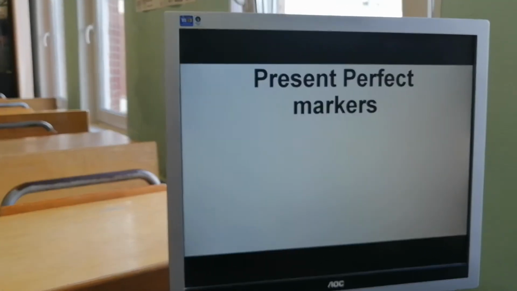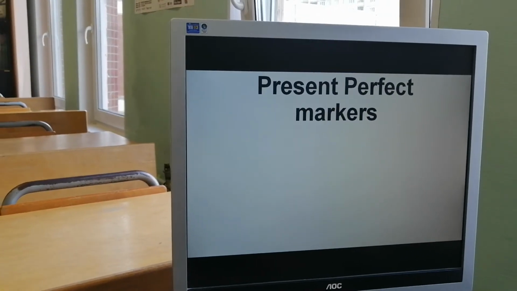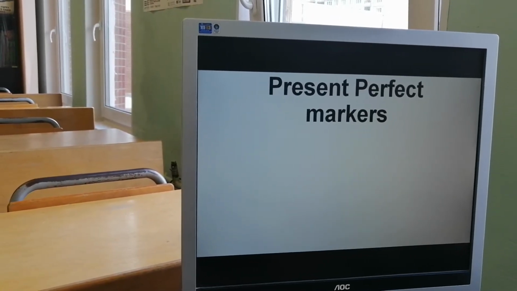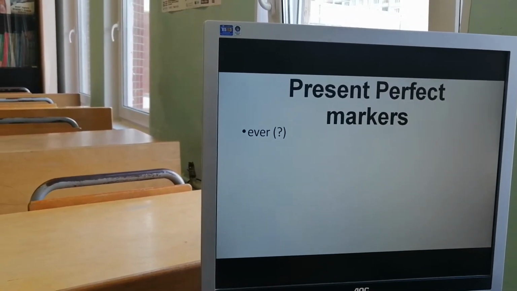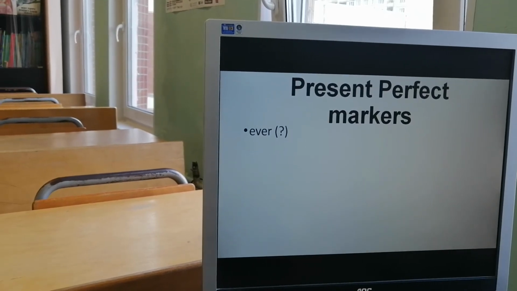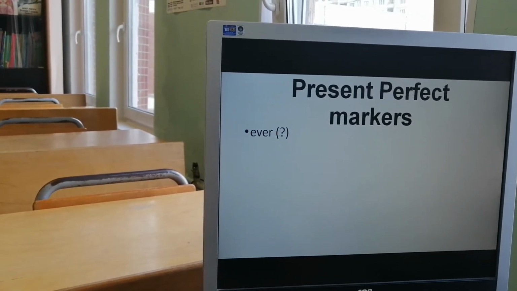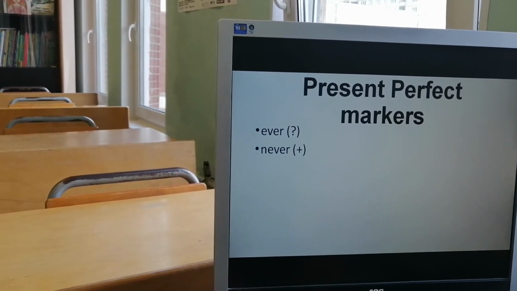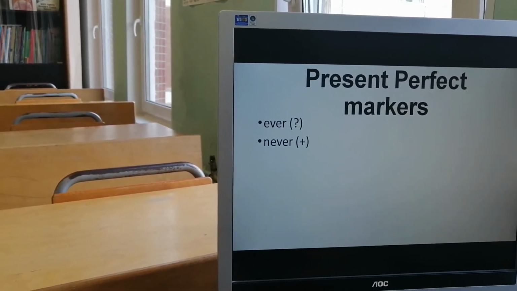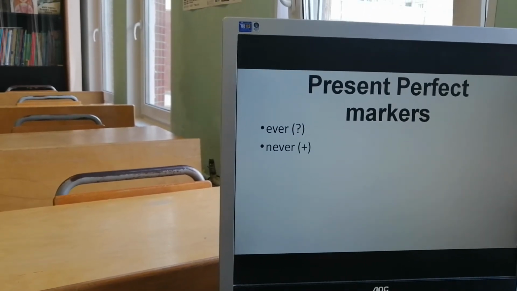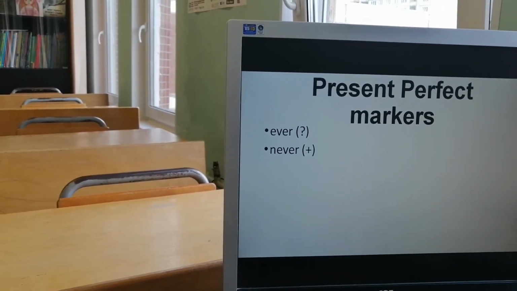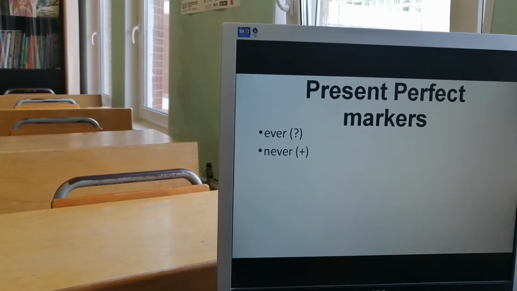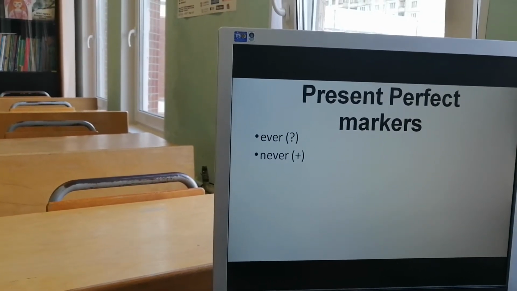So, which words in the sentence show you that you need present perfect here? These are ever. We use it only in the questions. Normally, have you ever? Never. It's only in positive sentences to make them negative in meaning. Like, I have never been to Peru.